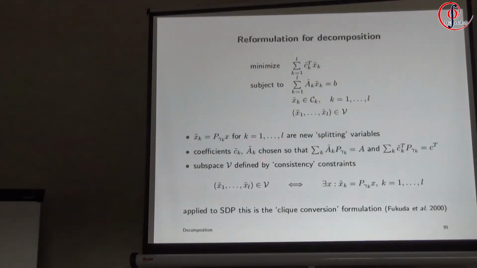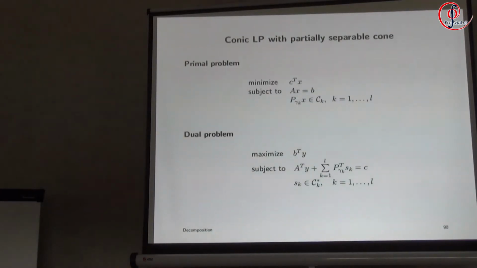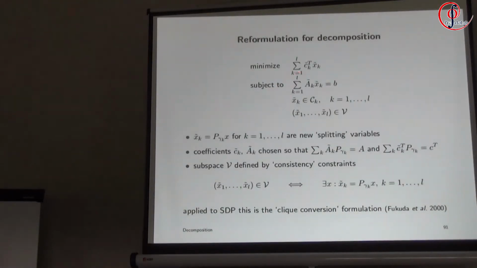And then the coefficients in the problem we call A_k tilde, c_k tilde, and there are infinitely many ways in general to get something equivalent, because now for every variable in x we may have multiple copies of x. So if you want to express c transpose x, you can write that as an inner product or a linear function of those copies in many different ways, because every entry of x may appear in different vectors x_k tilde.